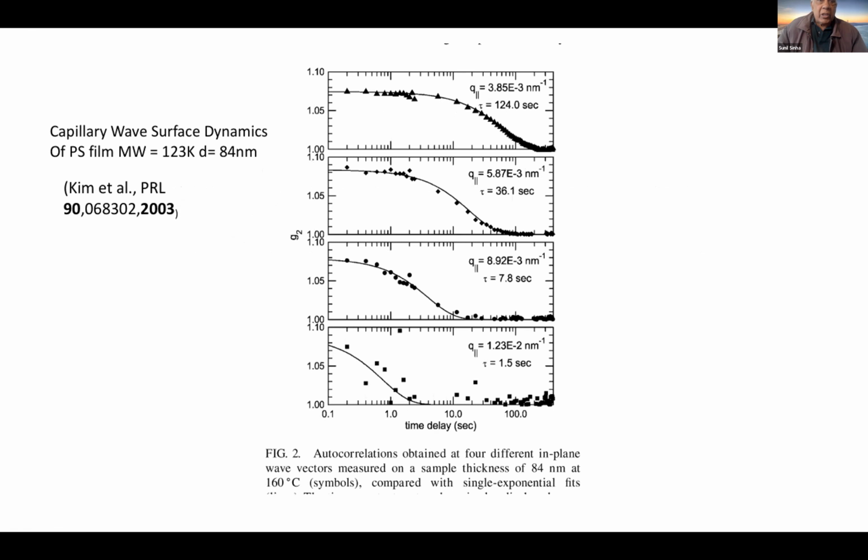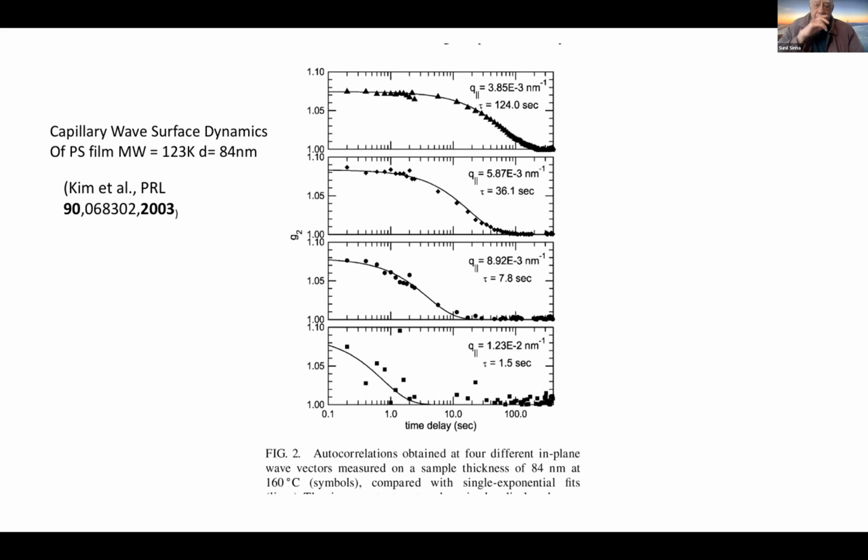So, the first experiment that we did, we were sort of oblivious to these issues because we were looking at polystyrene, the fruit fly of polymers, on a liquid film on a silicon substrate, and there was none of these issues involved.